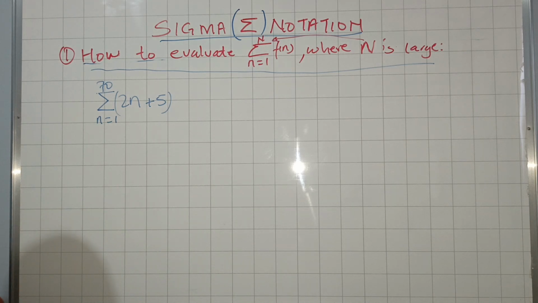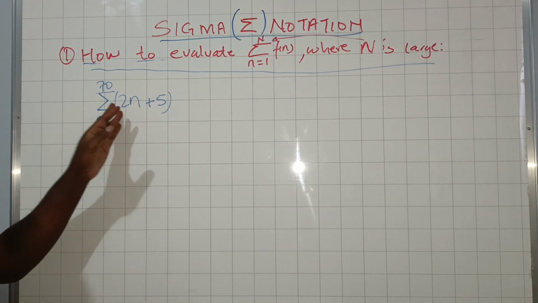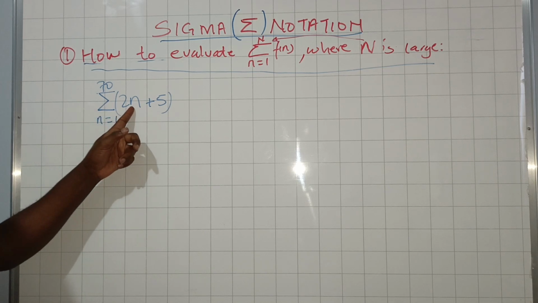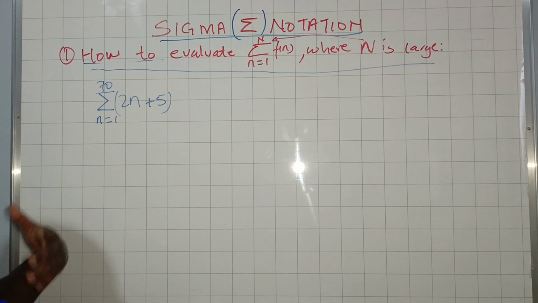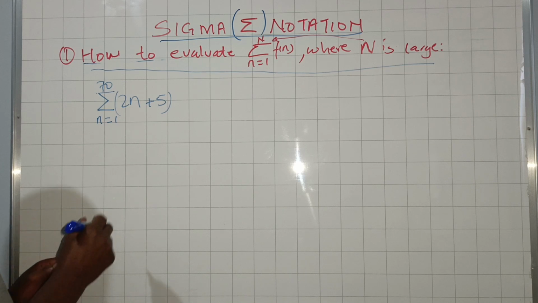You'll agree with me that it's going to be quite a huge task to list n1, n2, all the way to n70. And therefore it will be necessary for us to come up with a strategy. But I want us to make a certain observation.